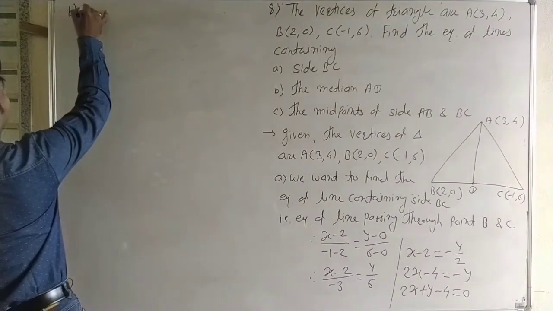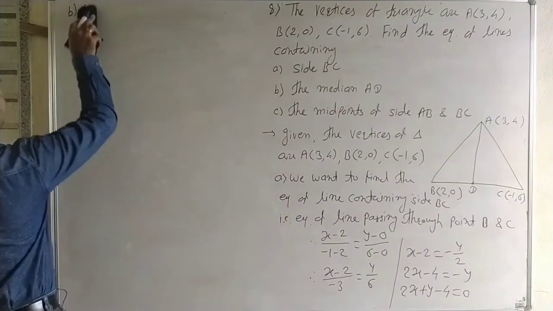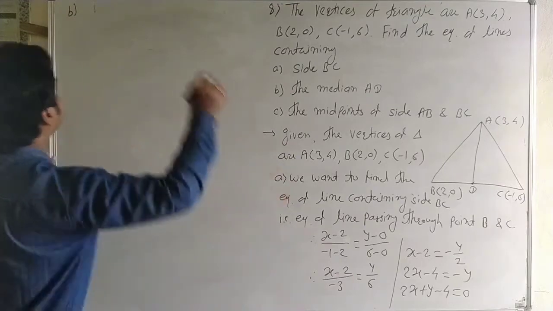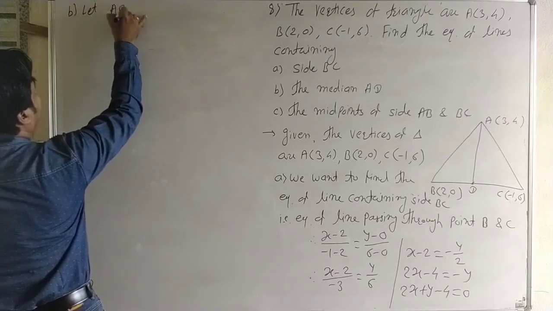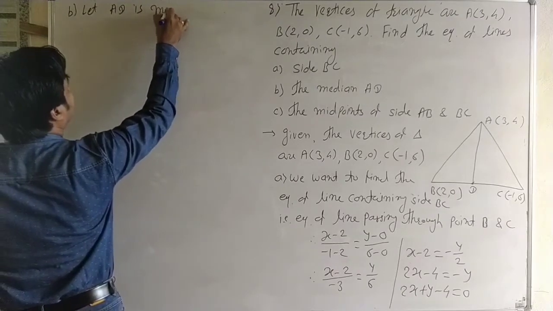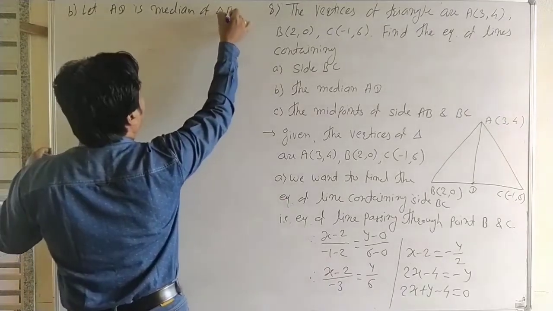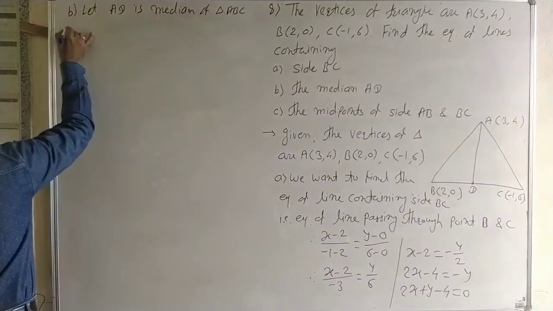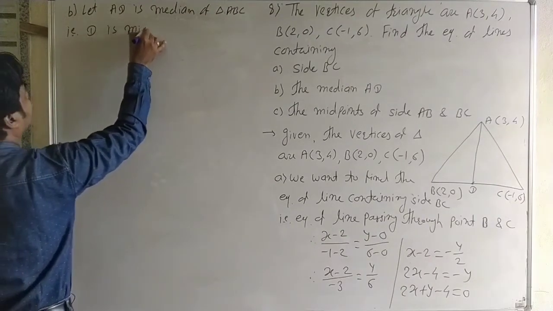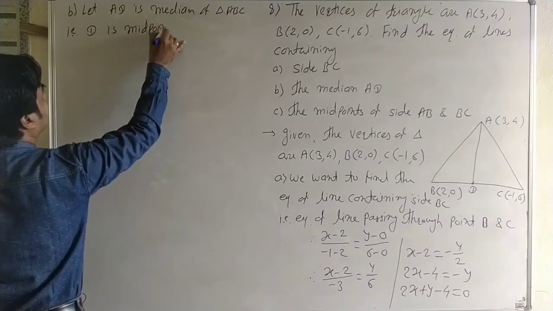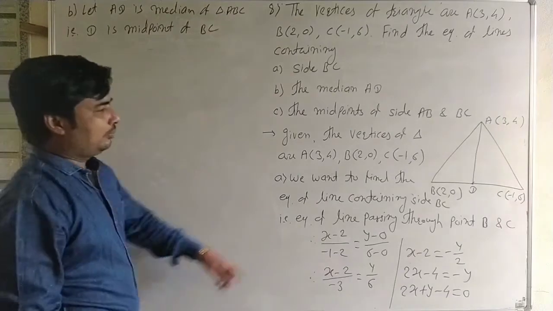Given that AD is a median of triangle ABC, that is D is the midpoint of BC.